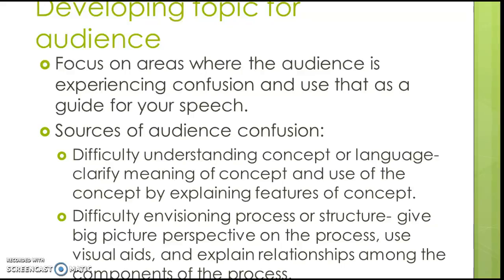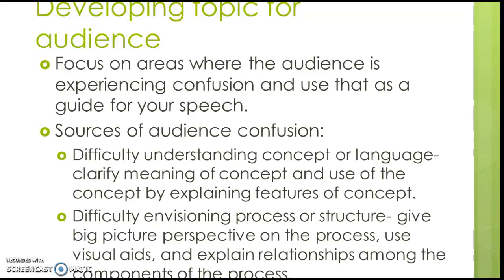So let's look at some of the sources of audience confusion. The first is difficulty understanding concepts or language. And like I had said before, some people might not know about globalization. Some people might not know about ethnocentrism. Just because you do doesn't mean your audience does.